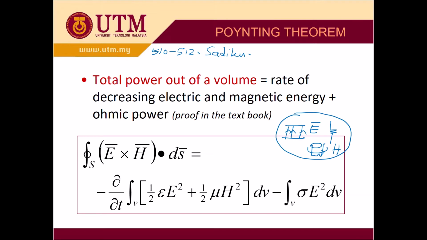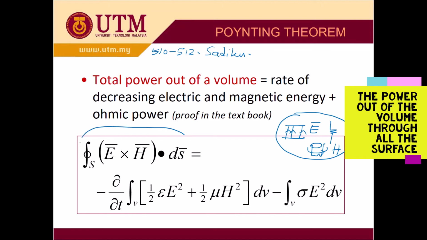So here, the power leaving the volume is equal to the rate of decrease in energy stored in the electric and magnetic fields, because we have the negative sign here, and also the ohmic power dissipated, so we have another negative sign.